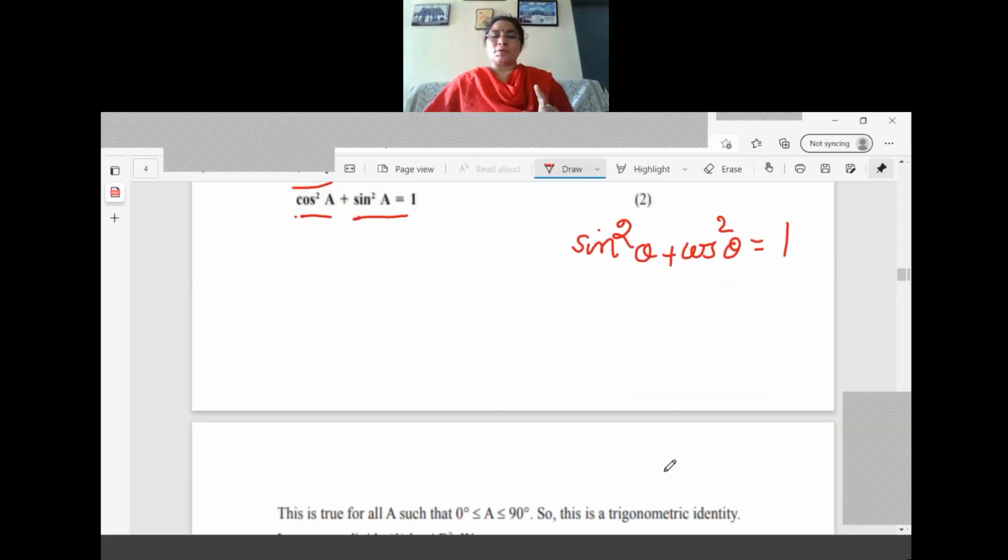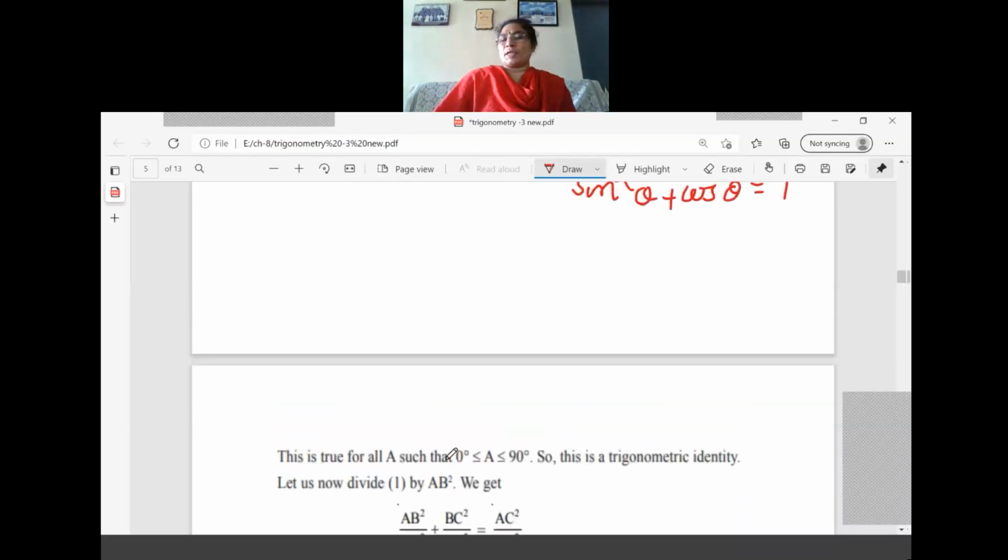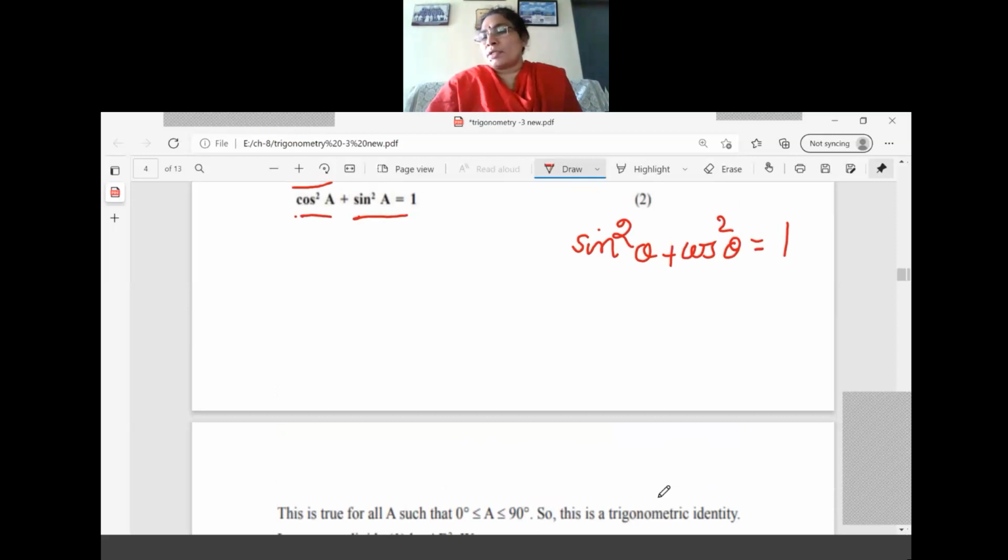Now it is given that this is true for all values of A, when A equals 0 and when A equals 90 also. So this is a trigonometric identity. Let us try for 0 and 90. I am making theta 0 here: sine square 0 plus cos square 0, that is our left side.